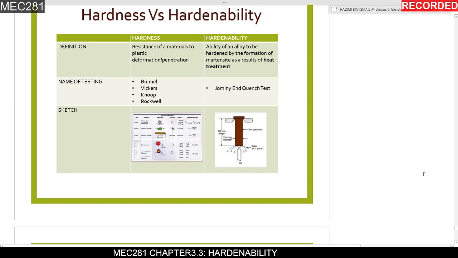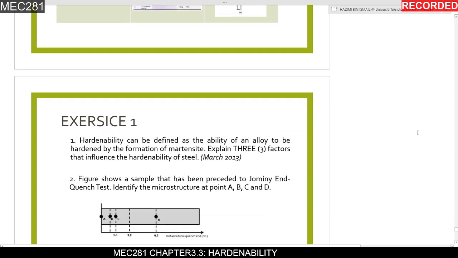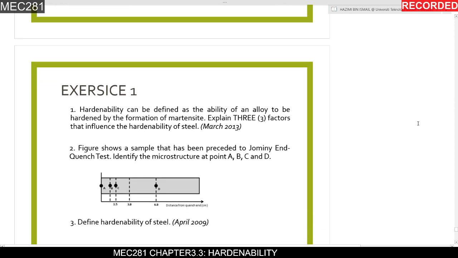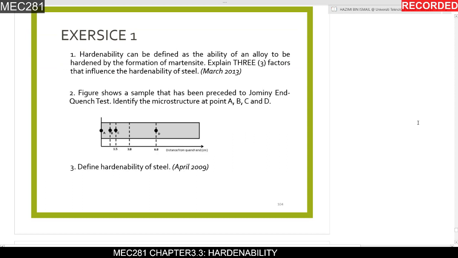Please do the tutorial for chapters 6, 7 and 8, and then be prepared to have the quiz. Maybe next week or 2 weeks from now we are going to have the quiz for chapter 3.